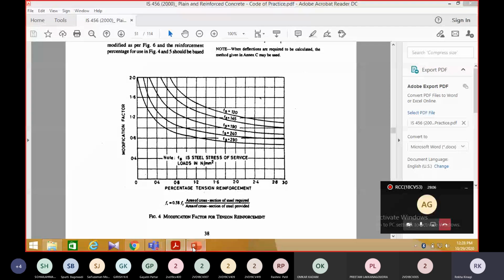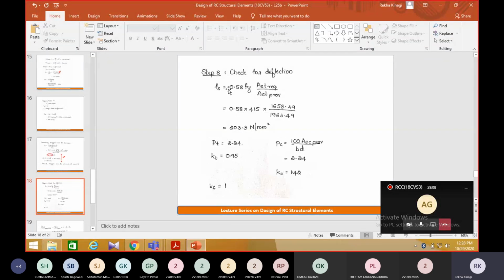AST required and AST provided values are already calculated previously. Substituting those values, we get the value of Fs to be 203 Newton per mm square.